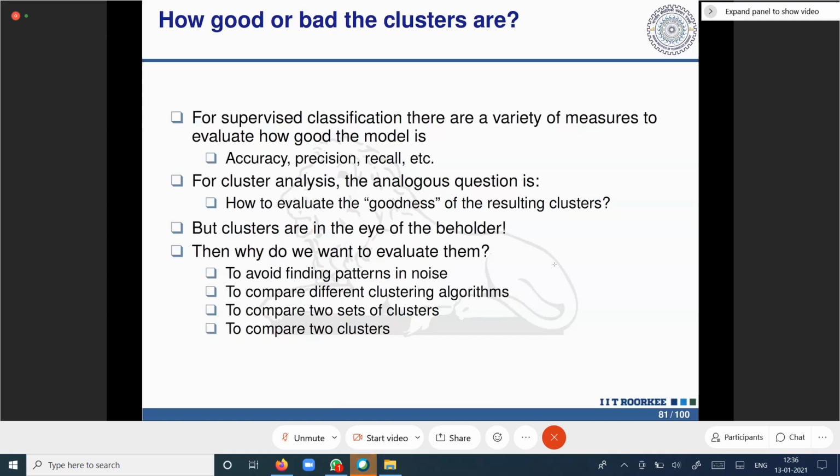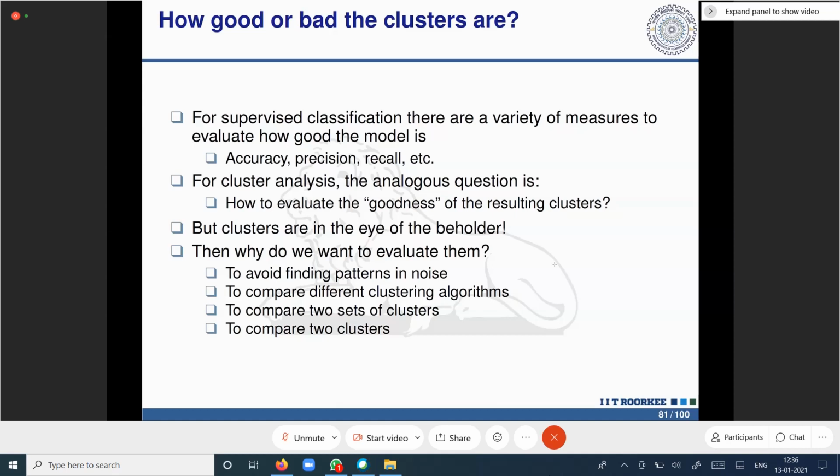As we have seen using the example earlier, clusters are very application specific, and they depend on what the application is, and also clusters are in the eye of the beholder. Some people can see clusters where there are none. So how do we want to evaluate them?